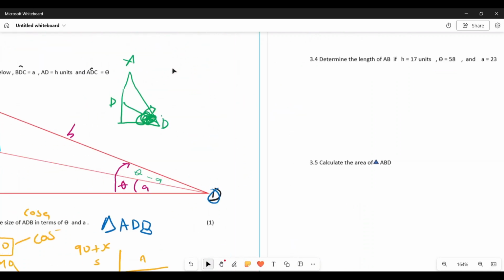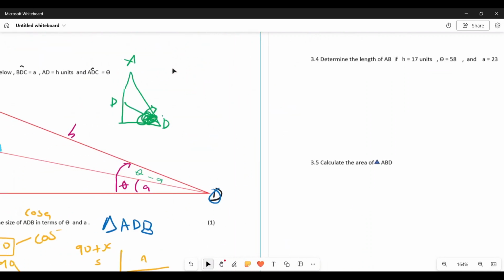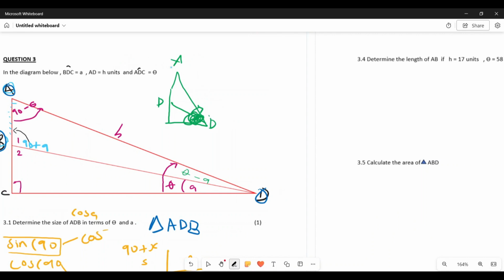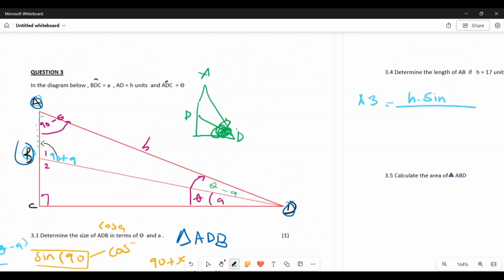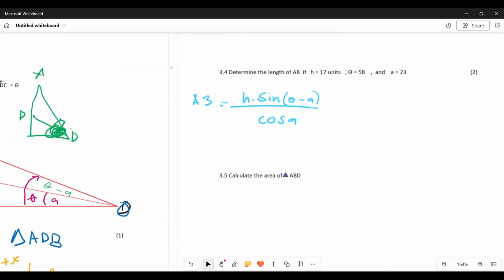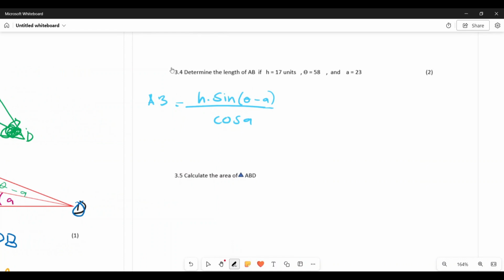Now, for this 3.4 question, they say determine the length of AB. So first, let me write down the equation of AB. Remember, I proved that AB is equal to H multiplied by sine theta minus A, all over cos A. On these types of questions, normally what they need you to do is just substitute the values that they gave you.